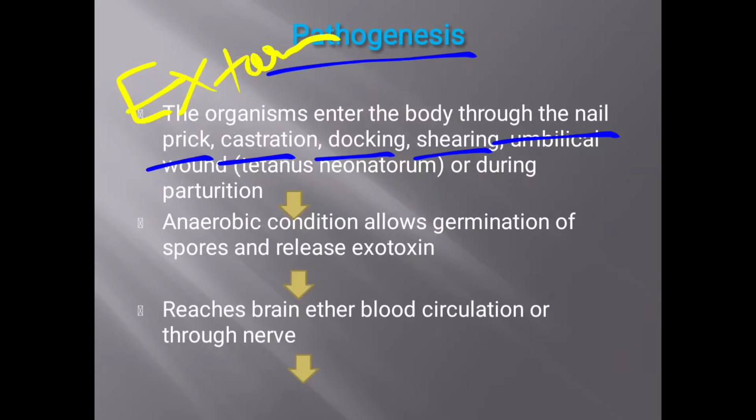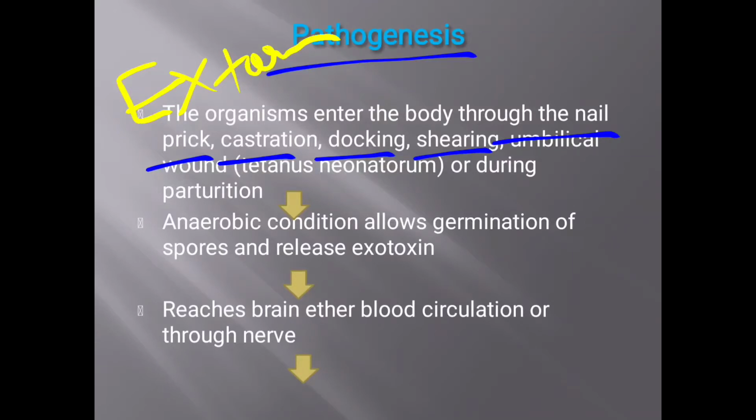Inside the nervous system, they interfere with inhibitory neurotransmission, preventing the inhibitory neurotransmitters, which eventually leads to severe contraction and spasmodic effect of the muscles. Let us look at the step-by-step pathogenesis.